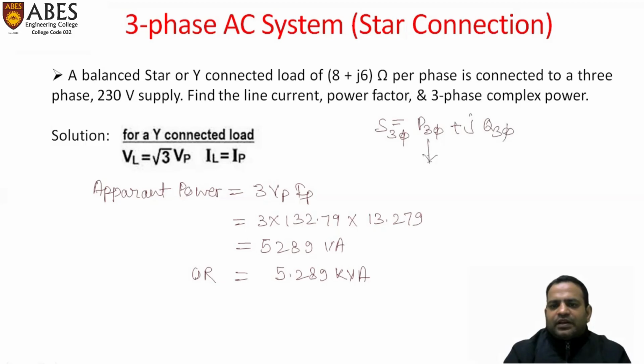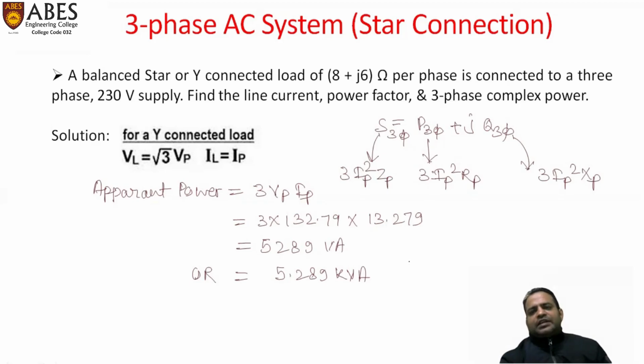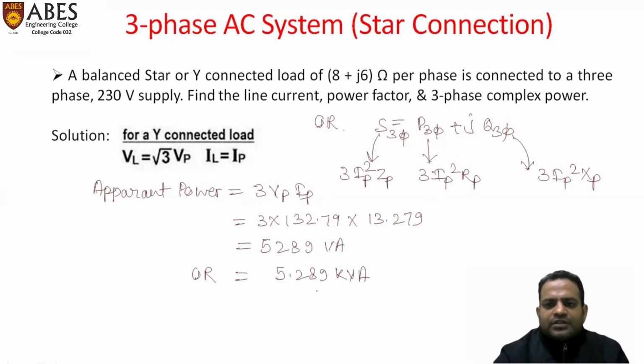So you can calculate P three phase by using thrice of IP square RP, Q three phase as thrice of IP square XP, and S three phase as thrice of IP square ZP. So this is the alternative method. You can calculate these three-phase powers by using these three formulas.